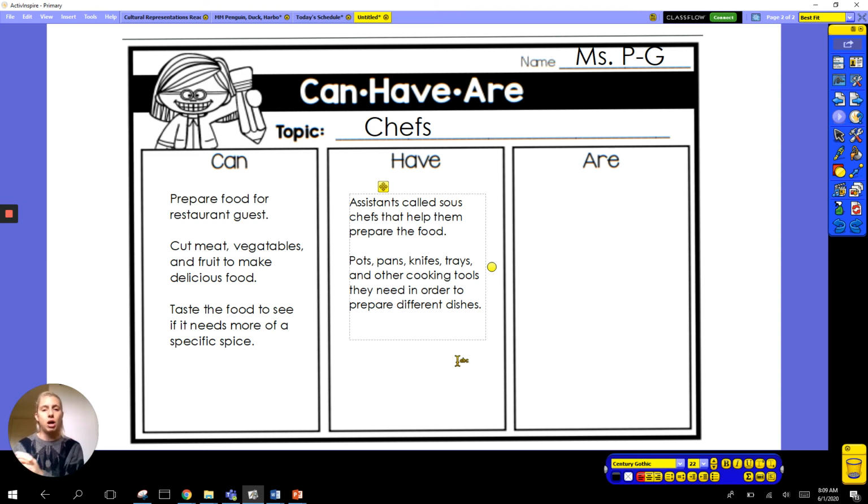And then I'm going to go to are, and I'm going to say chefs are people who work in the kitchen of a restaurant and prepare the food.